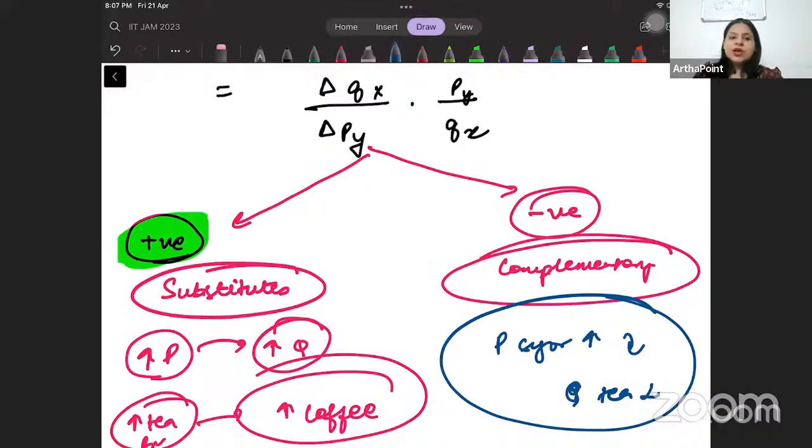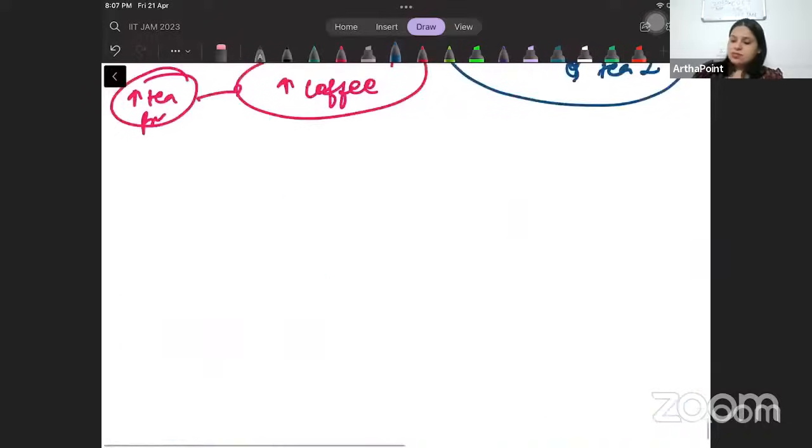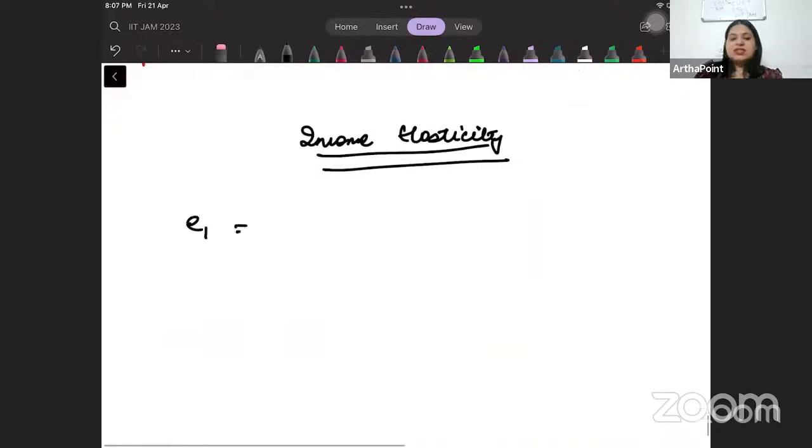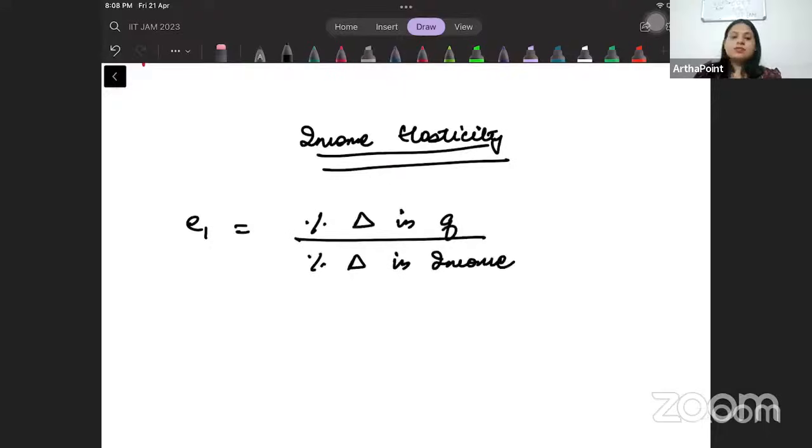Now, one more thing that I would like to highlight here is called your income elasticity. So in income elasticity, the income elasticity is percentage change in quantity due to percentage change in income.